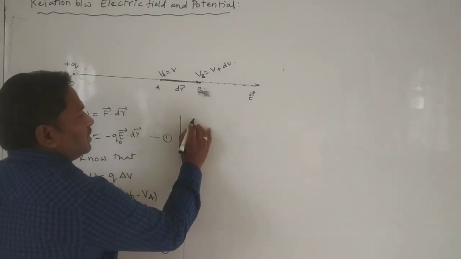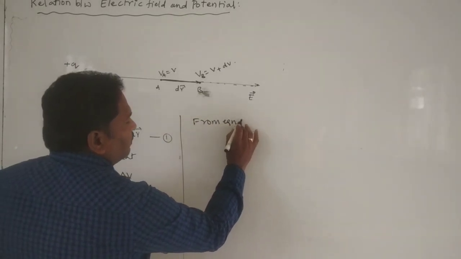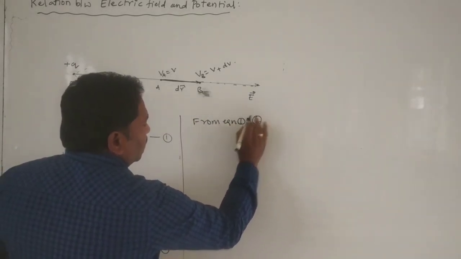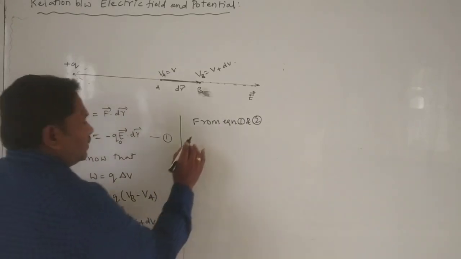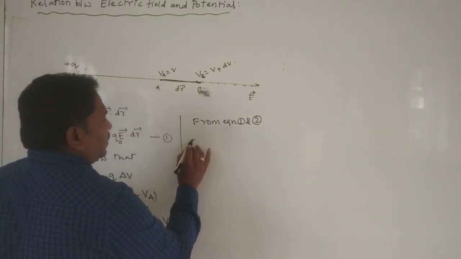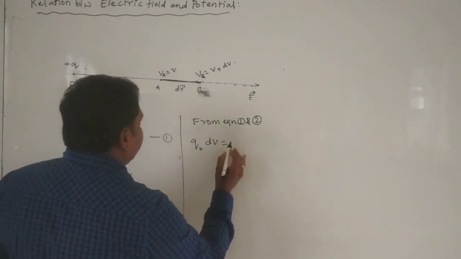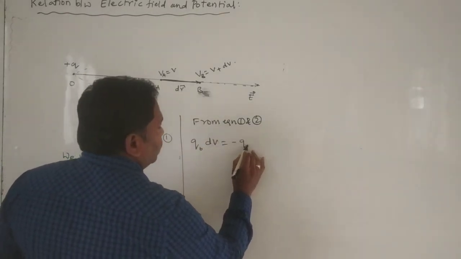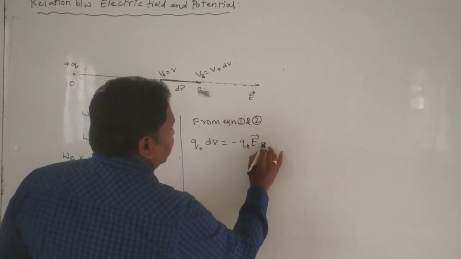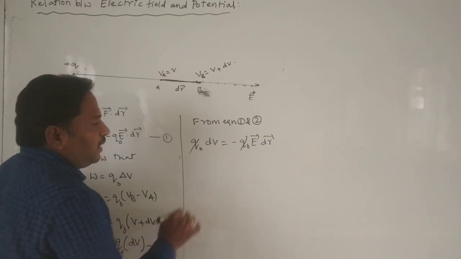So from equation 1 and 2, you can write Q naught into dV equal to minus Q naught into E bar dot dr bar. So Q naught is cancelled.